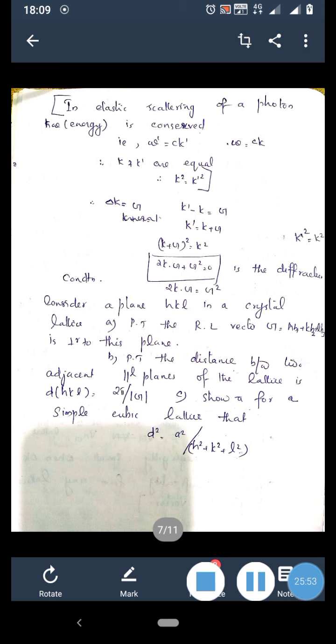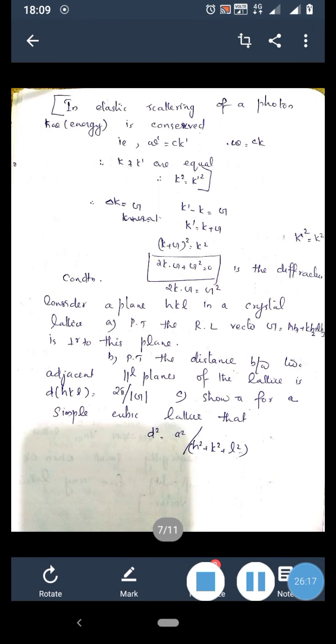Now if we consider the elastic scattering of a photon, then in that case ħω is conserved. So ω' will be equal to ck', ω will be equal to ck. So ω for k and k' will be equal, k squared will be equal to k' squared. Delta k equal to 0 will be the condition.